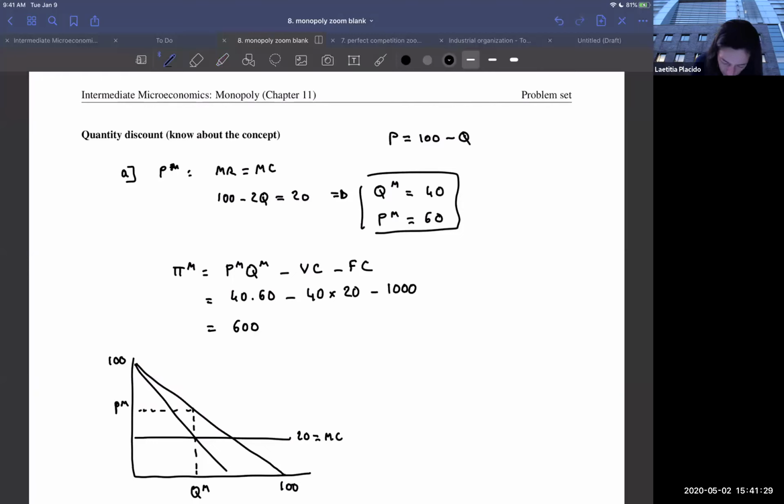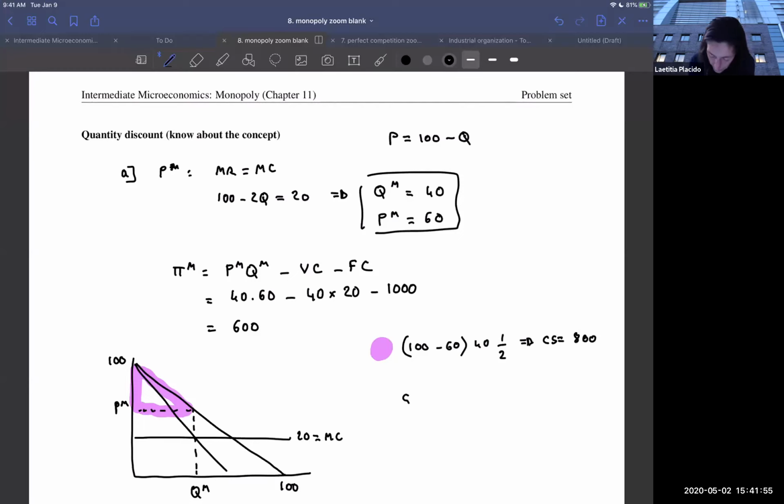And so consumer surplus is this area here. So what is this area? It's 100 minus price, which is 60, times equilibrium quantity, which is 40, and you divide by 2. So consumer surplus is 800.